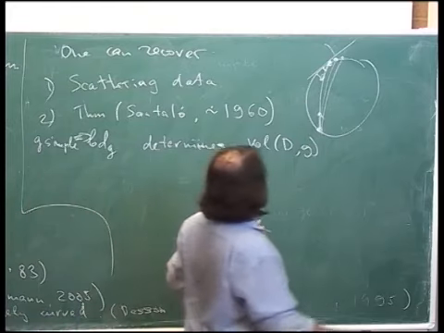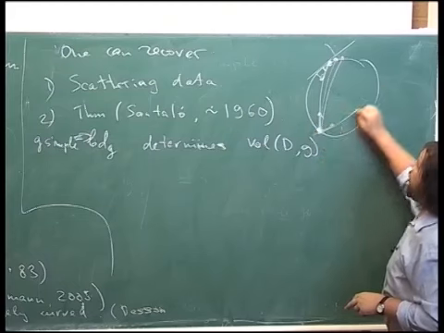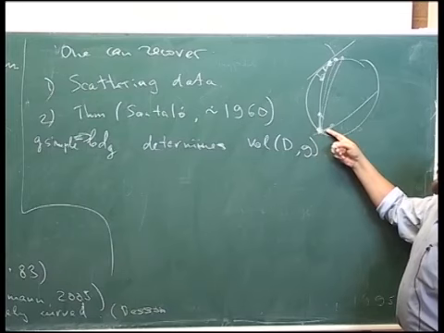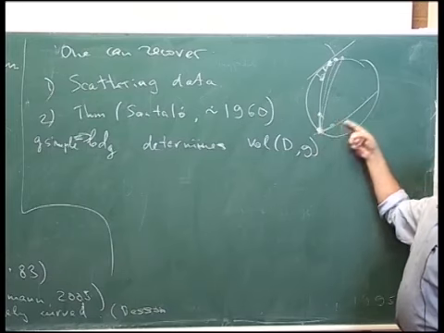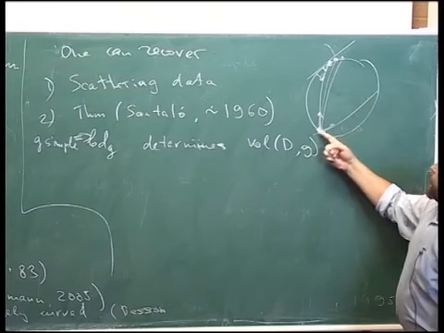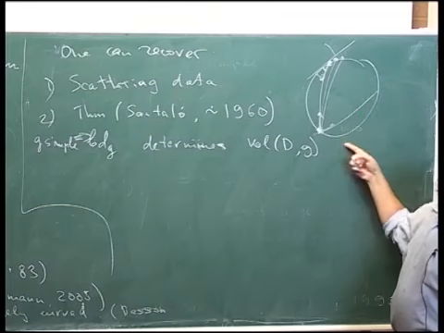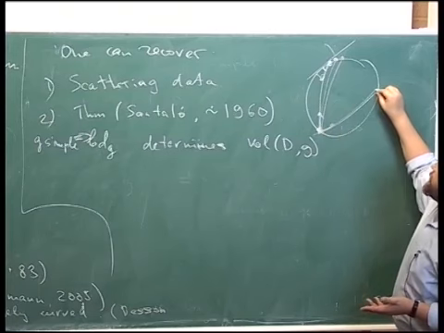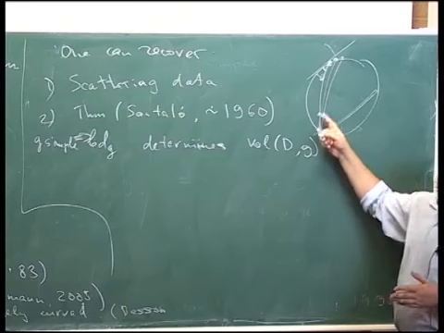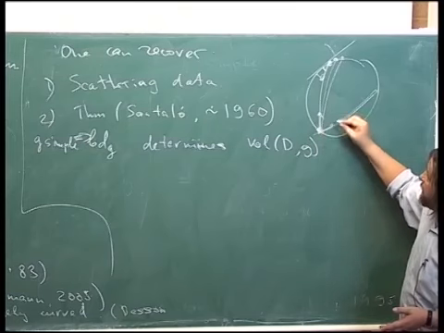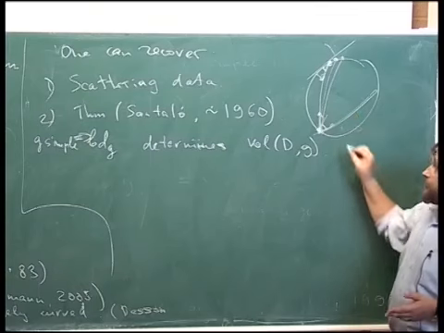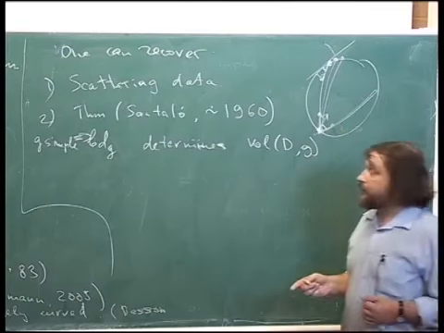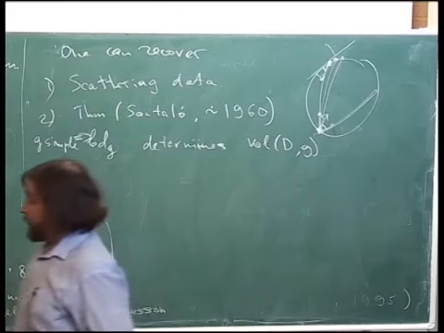First, you know the scattering data, so for every point and every direction, you know the length of the emanating geodesic. Using the fact that the Liouville measure is invariant under the geodesic flow, you integrate the characteristic function of the unit tangent bundle. It turns out that you have to integrate this length, multiplied by the cosine of the angle with the normal, over the boundary and over all vectors, and this gives you the volume.